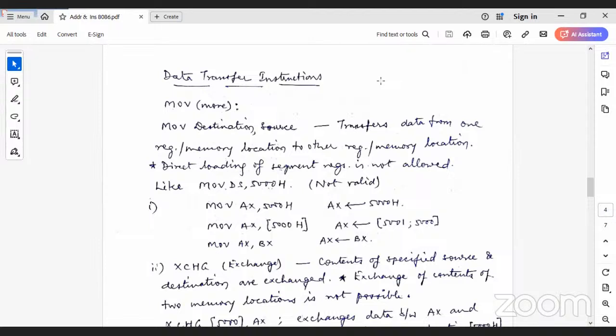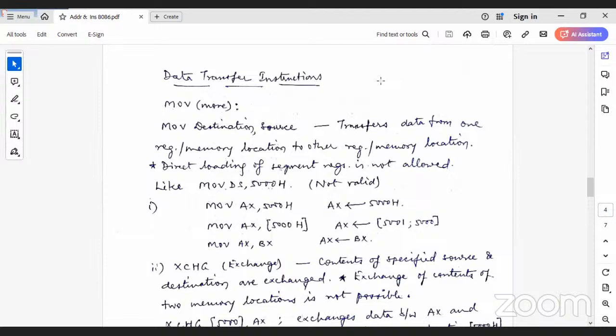Segment registers cannot be loaded directly. I have given one example, move DS comma 5000h. That is not a valid instruction, and when you execute the program, it will give you an error. So segment registers cannot be loaded directly. This much you have to remember.